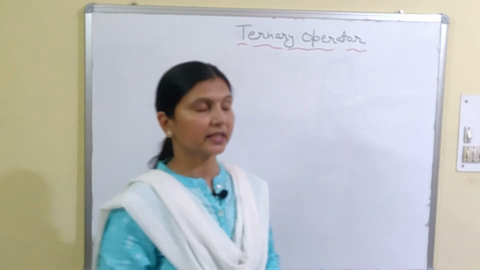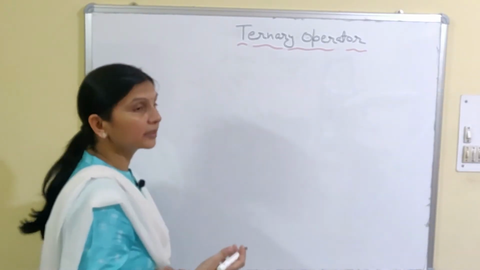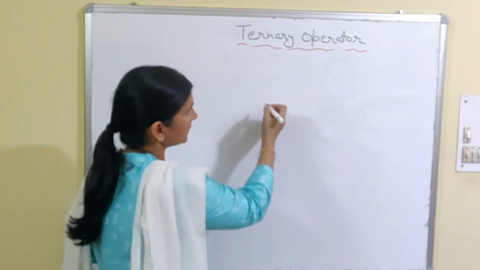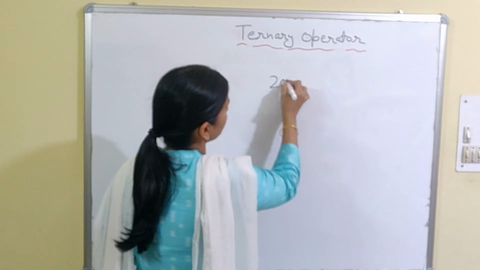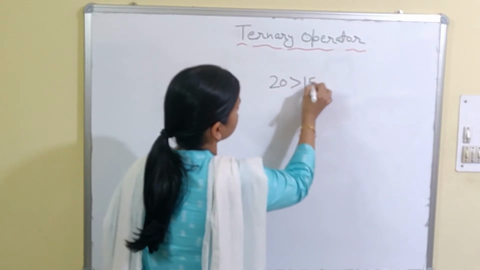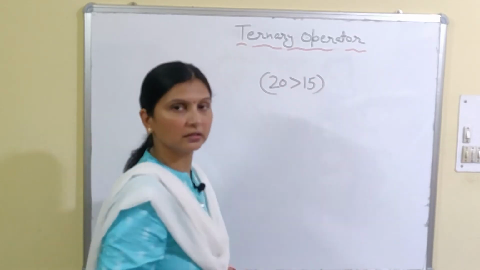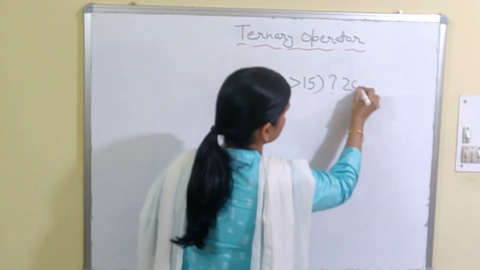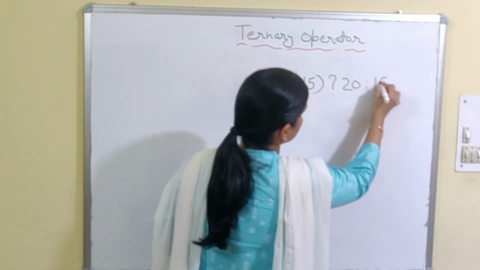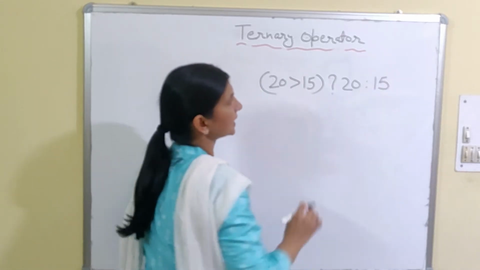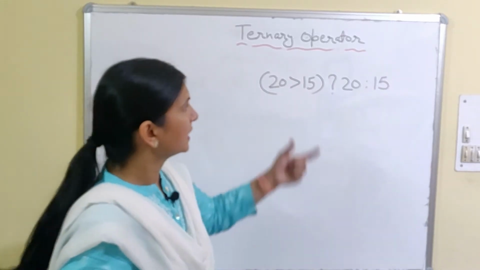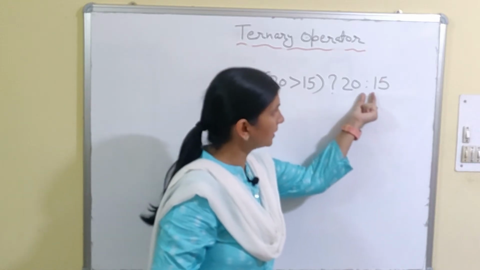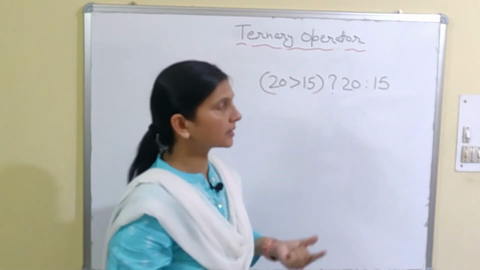So let's see, I am taking one example. In ternary operator also a condition is there. Like I am taking the condition 20 greater than 15. This is the condition. Question mark, 20, colon, 15. Fine. Condition question mark first part colon second part. What does it mean?